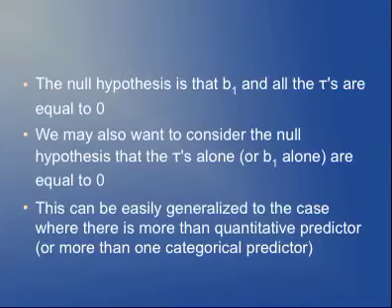And like in the two-way ANOVA case, we may also want to consider the null hypothesis that only the taus are equal to 0, or that only b1 is equal to 0. And you can easily generalize this to the case where you have multiple quantitative predictors or multiple categorical predictors or whatever.